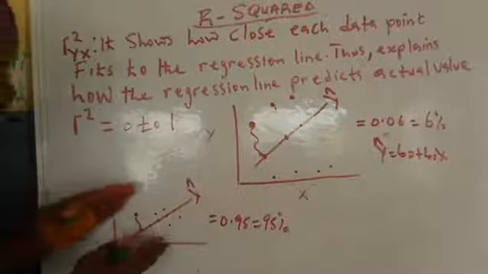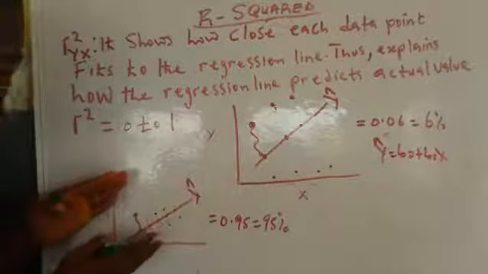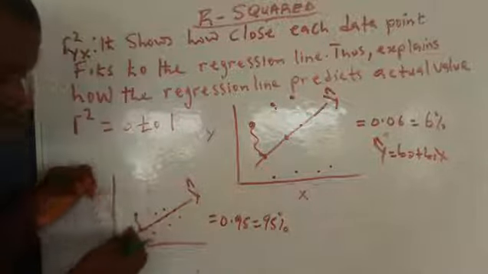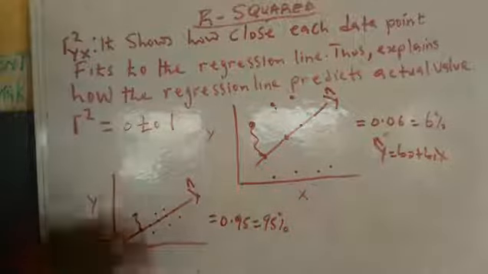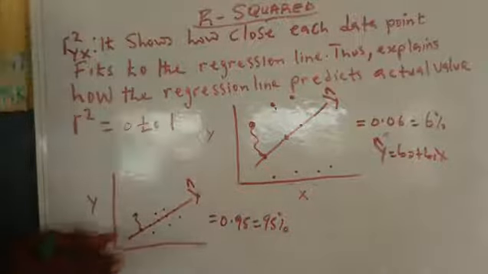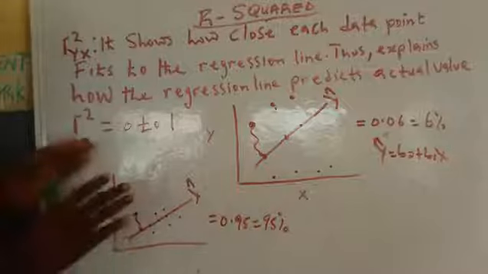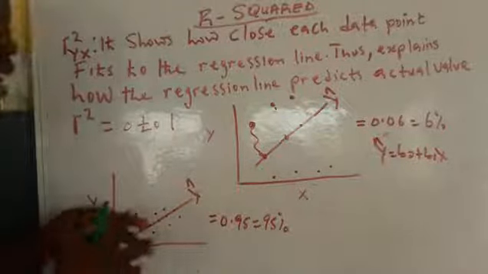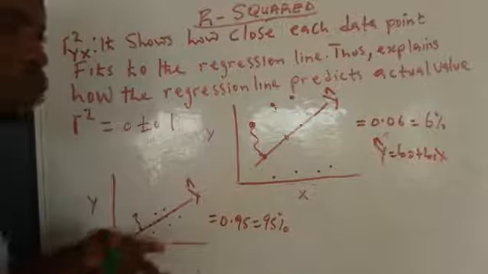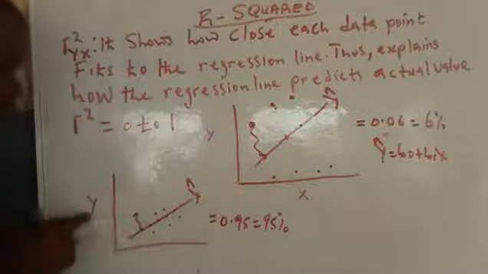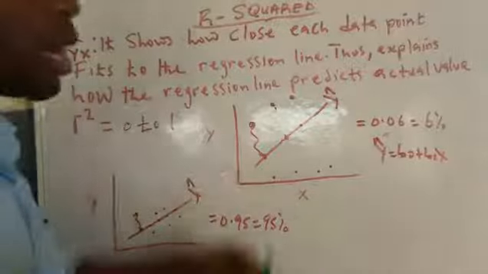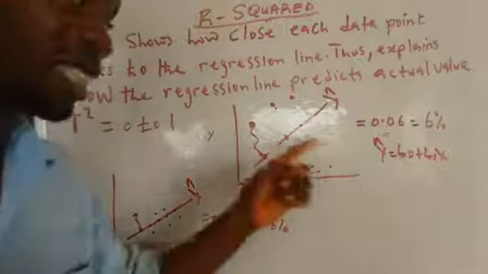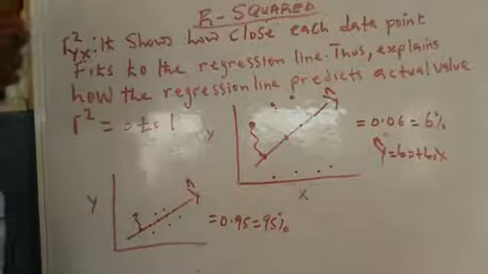That means that this is good enough for us to predict, because the data points are close to the regression line. So in a simple way, when the data points are close to the regression line, it is better to predict the character of the y. But when it is far away, that is a problem when you are predicting with that kind of parameter.